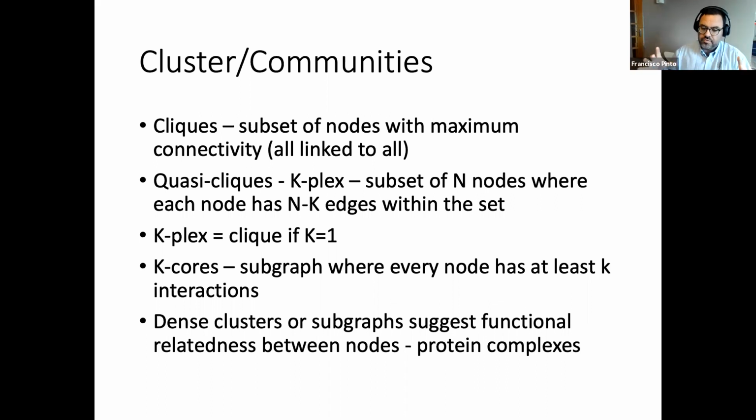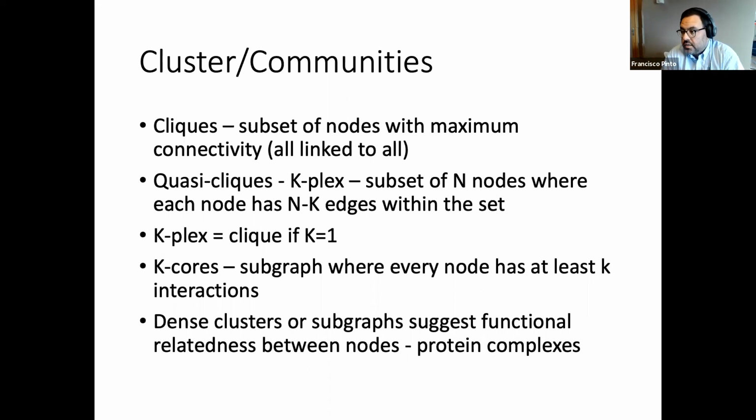And so it has to be done after. So the thing is you have to find the subgraphs that have that rule: every node in the subgraph has at least k interactions within that subgraph. So some of the nodes have a degree of 3, but one of those interactions was with a node that is isolated in the k-core. So I had a node with a degree of 3, it had 3 interactions.